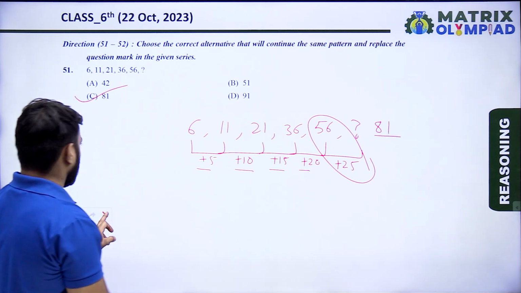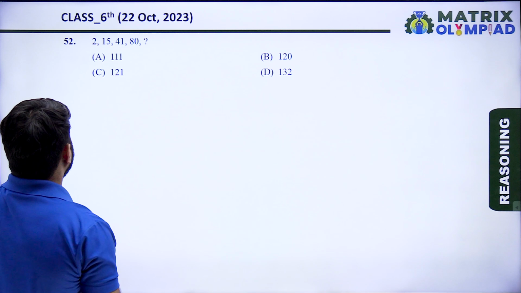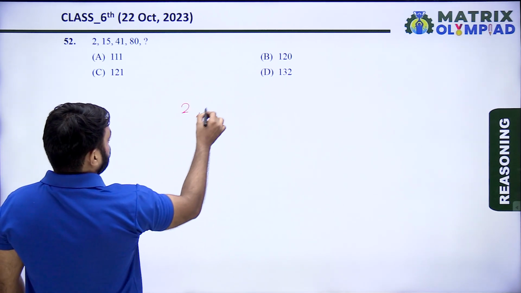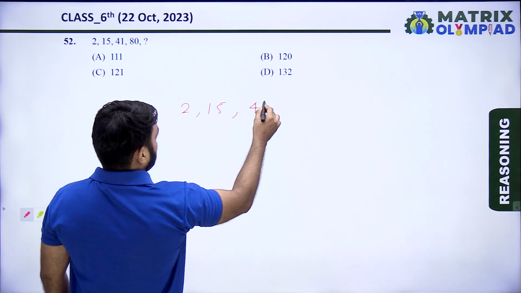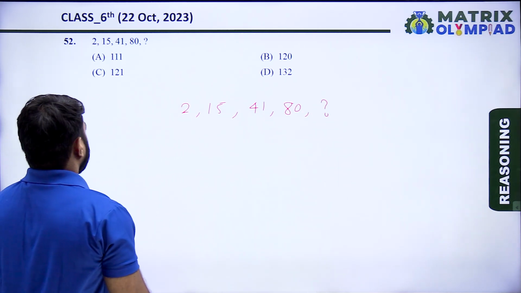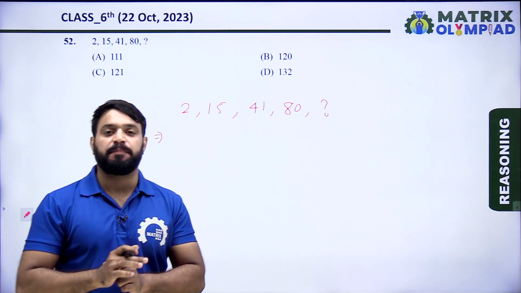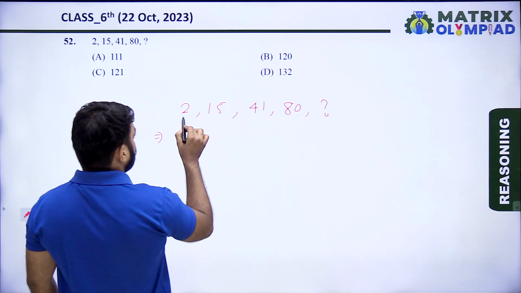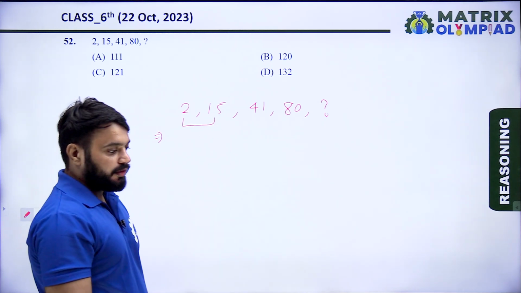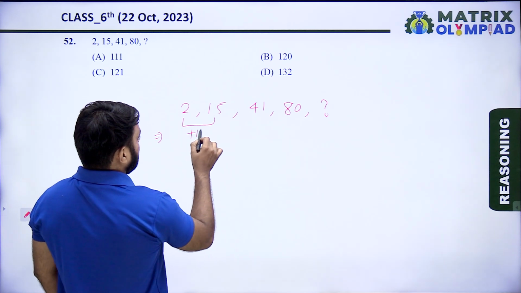So let's move on to the next question. The next question is question number 52. The series is 2, 15, 41, 80 and we have to find the next number. So according to the question, first find the pattern. 2 to 15 means plus 13.